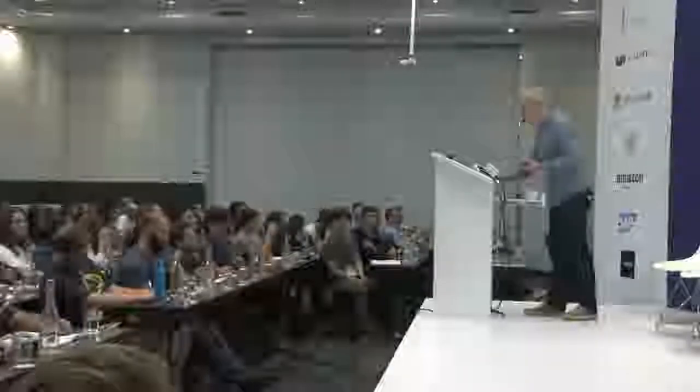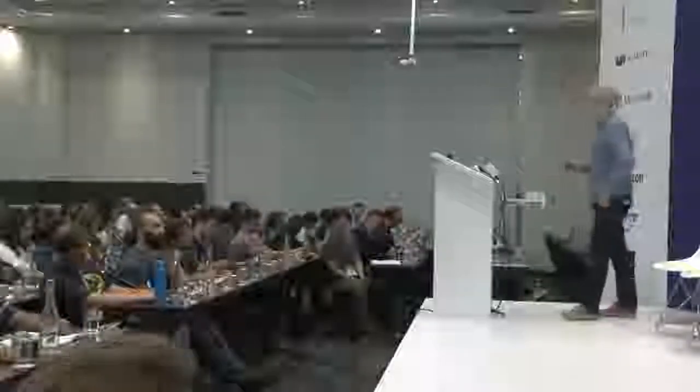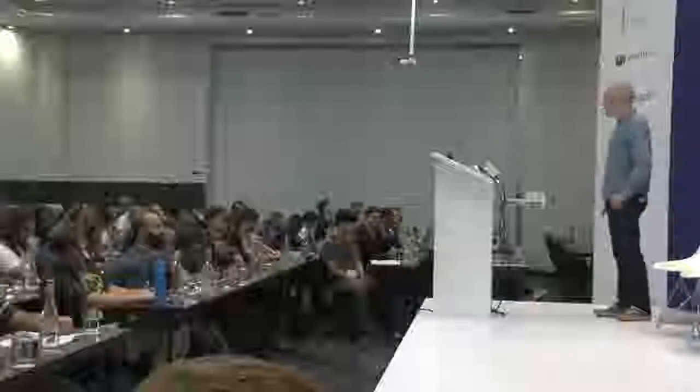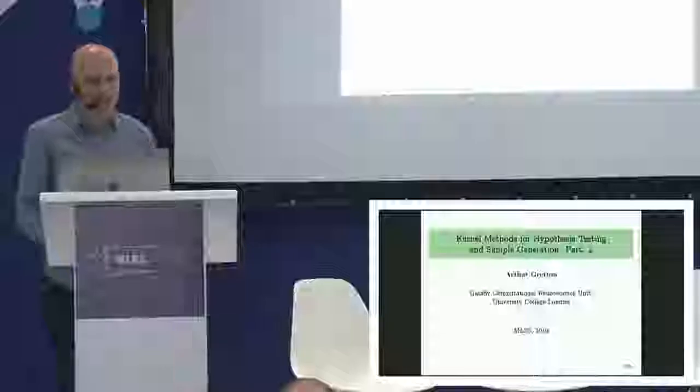So let's get rid of this, and we will go to the next one. In part 2, there are actually 2 sections. One is comparing models and samples, so how good is the fit of my model, and the second is detecting dependence.